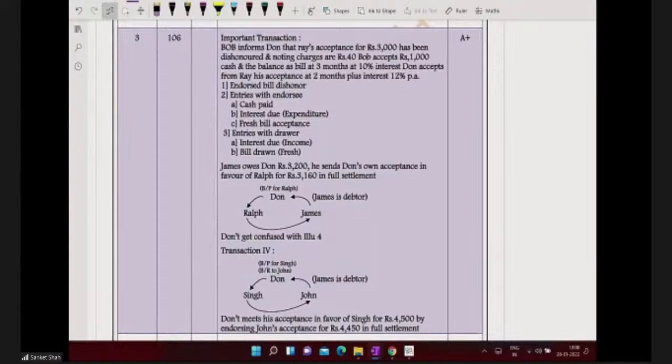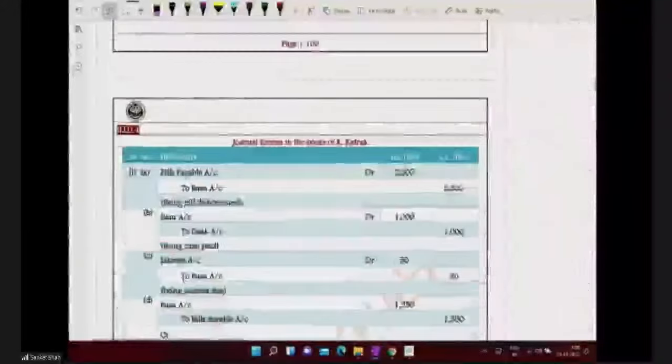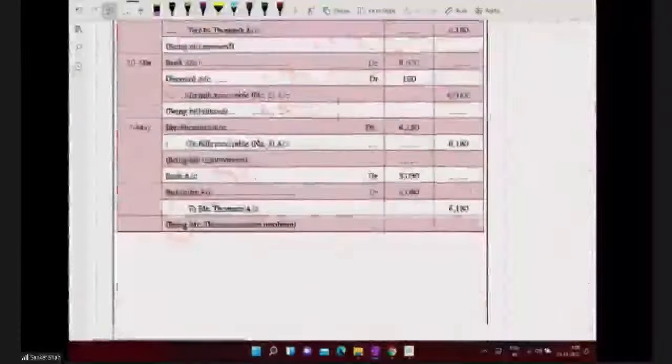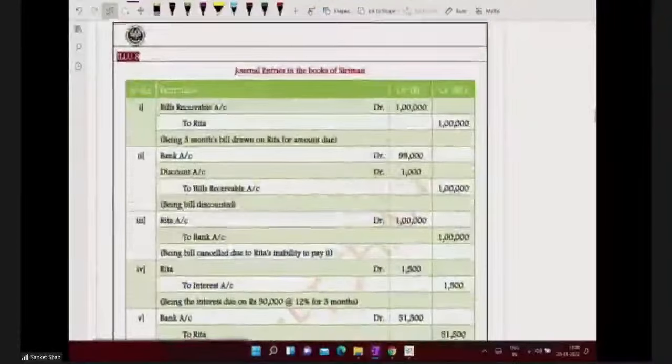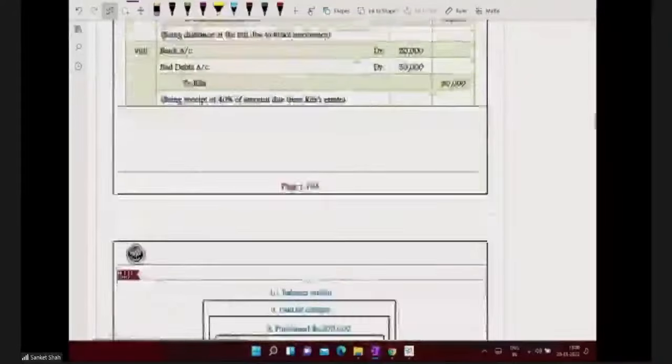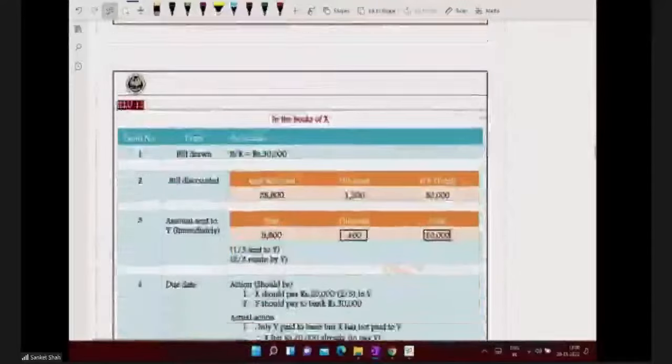It is A plus category. This is the index for this question, TYK number 3.